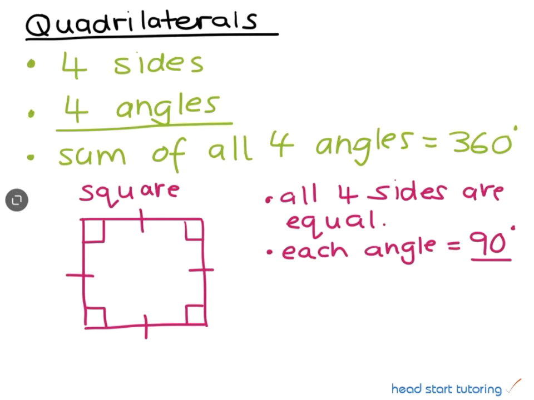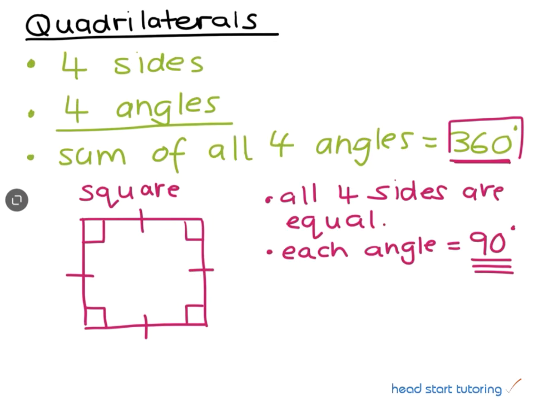Now, because a square has 4 angles and each of those angles are equal to 90 degrees, let's have a look at the sum of all 4 angles in any quadrilateral being equal to 360 degrees. Let's prove that with our square. So 4 angles that are equal to 90 degrees, we can multiply 90 by 4, and 90 times 4 is indeed equal to 360.